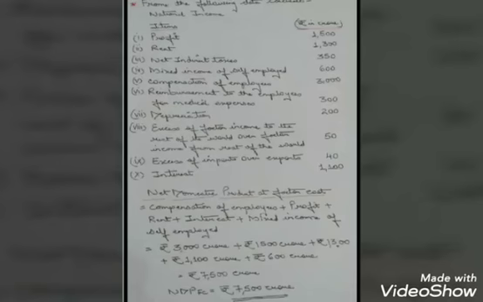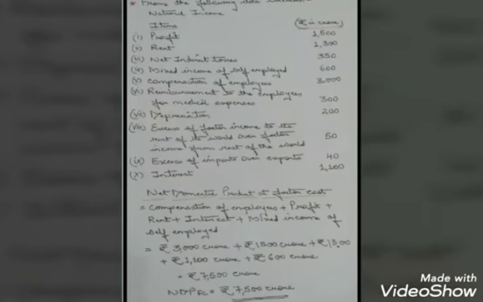The very first thing which I have included over here is compensation of employees. Then to compensation of employees, you will add profit, plus you will add rent, then you will add what, children? Interest, then you will add what? Mixed income of self-employed.